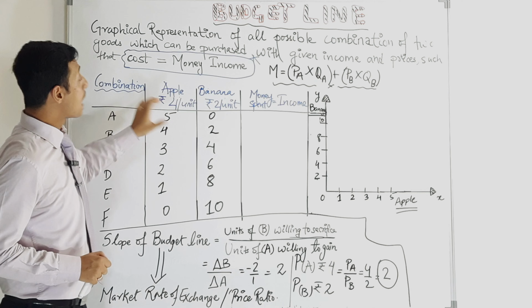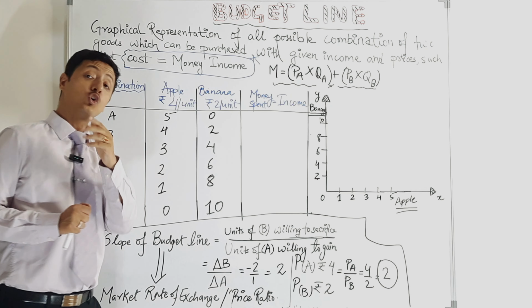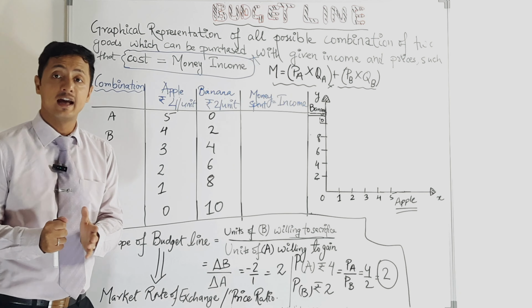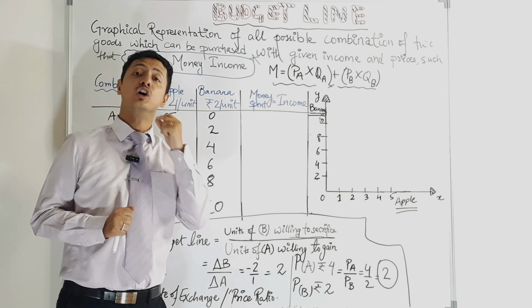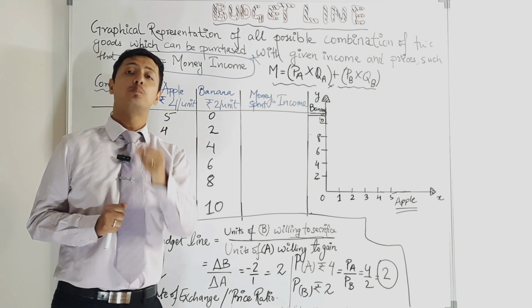So let us consider in our hypothetical example that there are two goods, that is apple and banana, like we had taken in the last class also. I am continuing with the same example. So apple is costing 4 rupees per unit and banana is costing 2 rupees per unit, right?